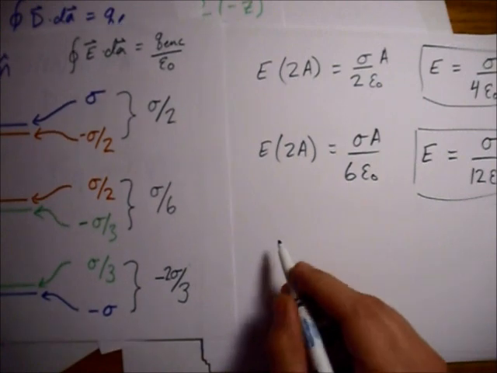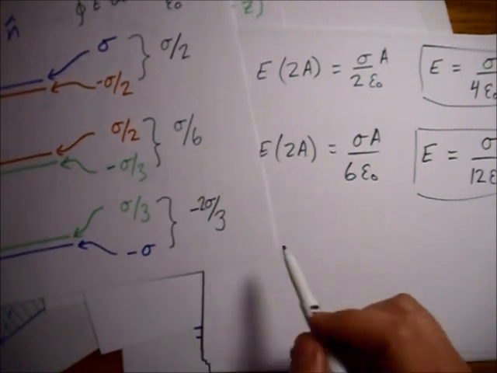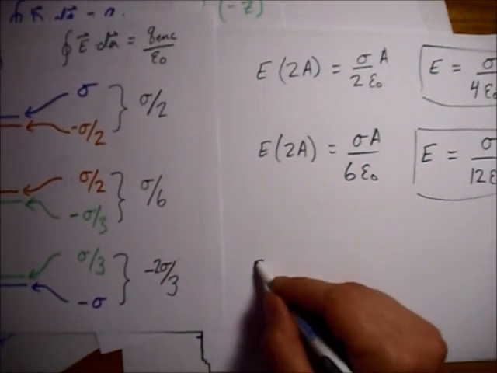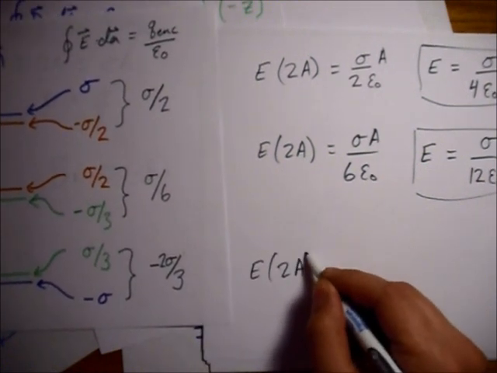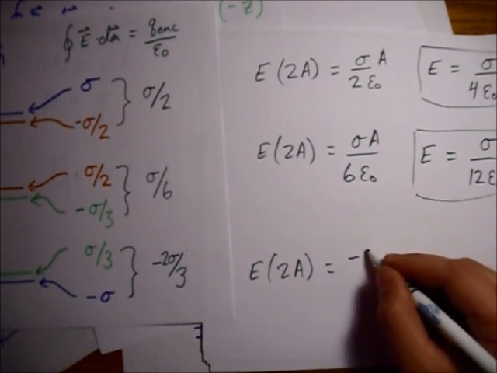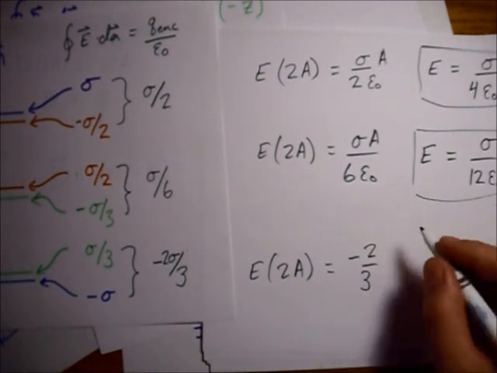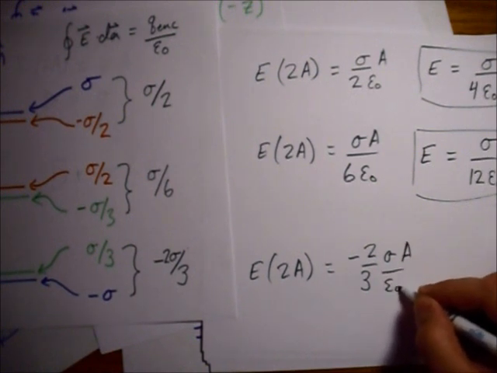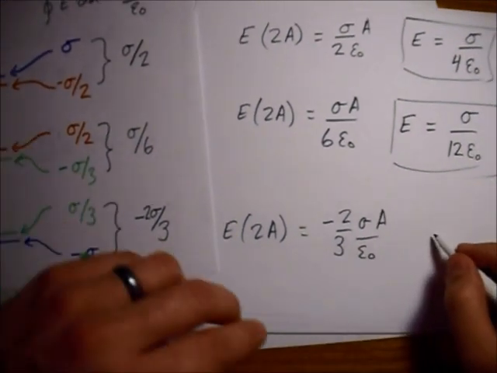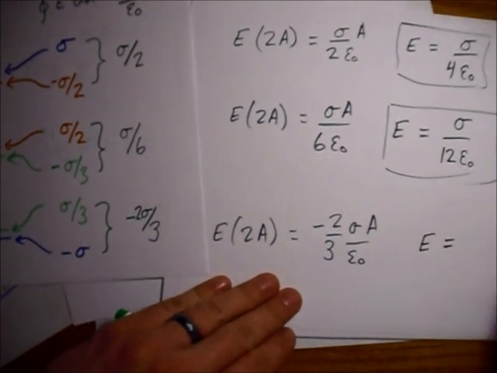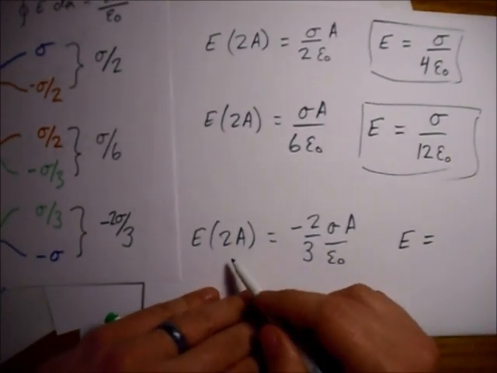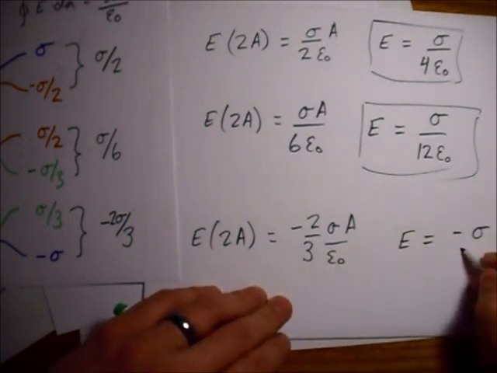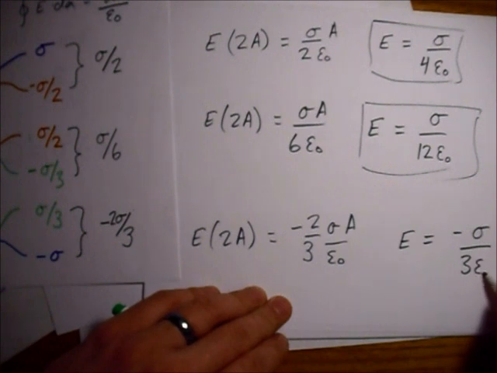And finally down here at the bottom, now we have this minus 2 over 3 part. Which gives us an E equal to, the 2 is going to divide out, minus sigma over 3 epsilon naught.